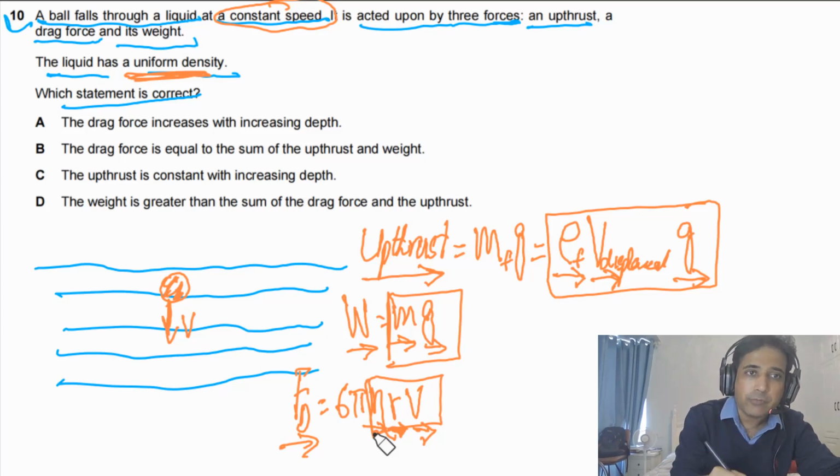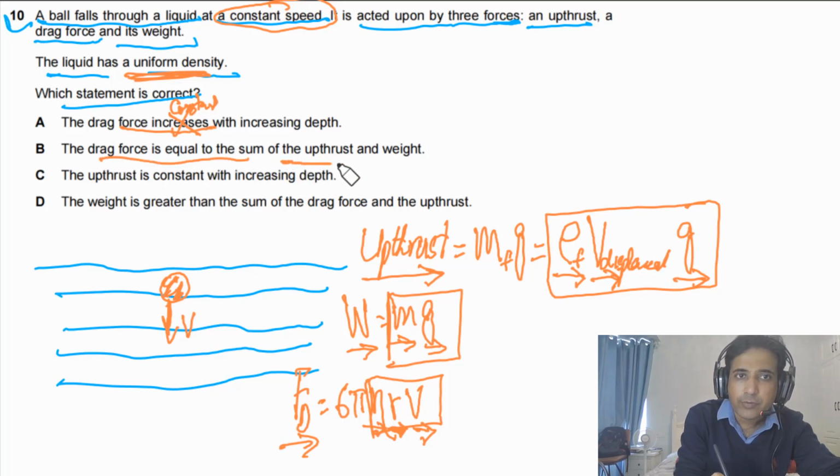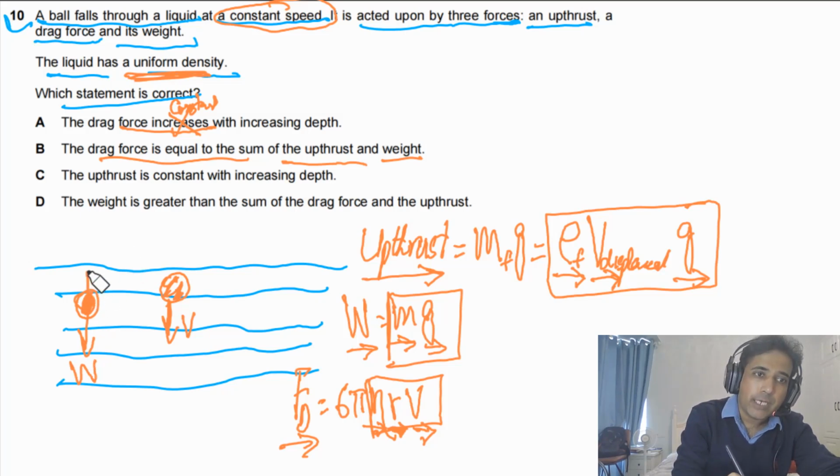Now if you look at the given options, it says drag force increases. Incorrect, it stays constant. Drag force is equal to the sum of the upthrust and weight. No. When the ball is falling down, if we draw the forces, weight is acting down as the ball is moving down, so the drag force has to be up.